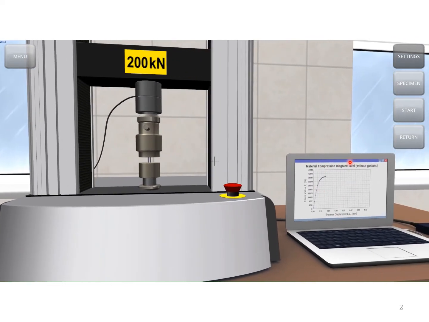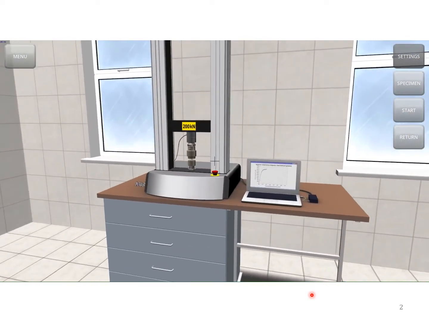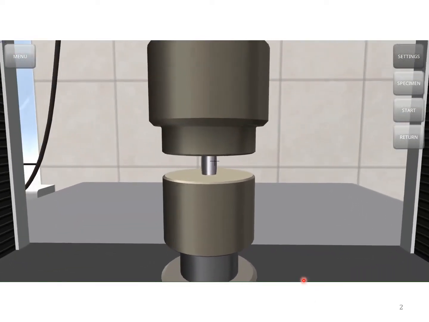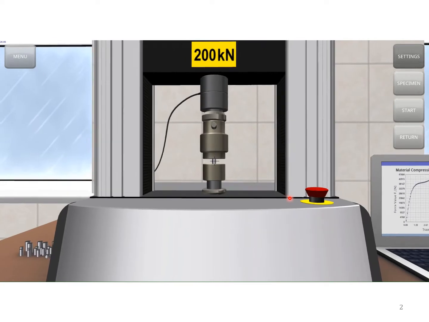Now we are in plastic zone. There is bulging starting.